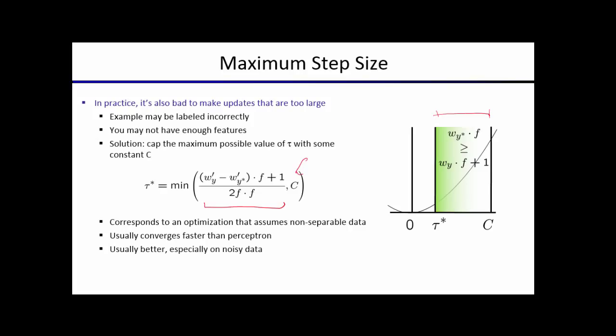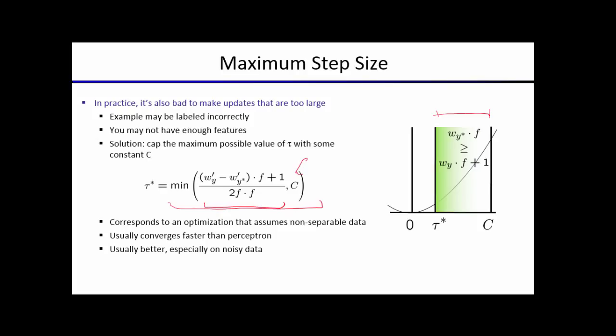You might say this looks a little complicated, why do this? It actually turns out that you can derive that this is the best thing to do, theoretically, by looking at the case in which you have noisy data and want to minimize the number of errors, subject to the fact that you might have some noise in your data.